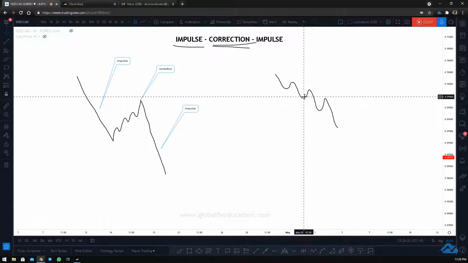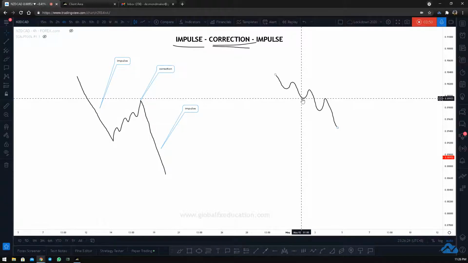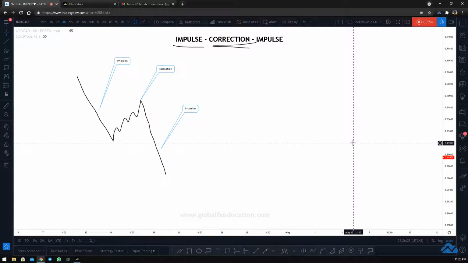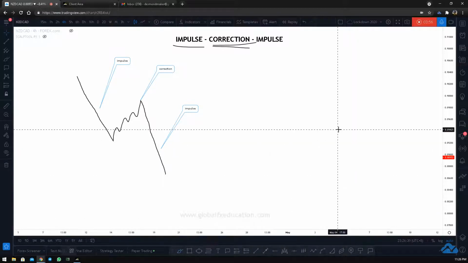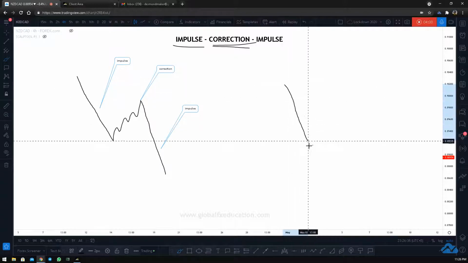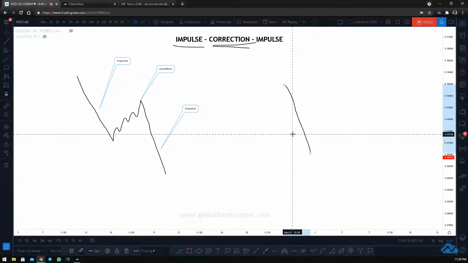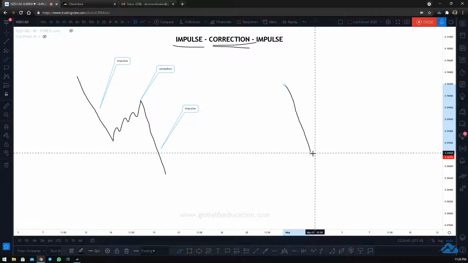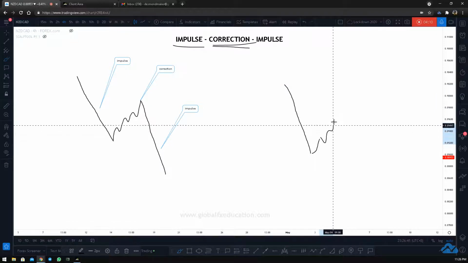Just to explain how we look for swing trading opportunities, it is very simple and quite easy. If the market creates a very strong movement to the downside, as a swing trader, an intraday trader, or any type of trader, we should wait for the market to make a correction first.